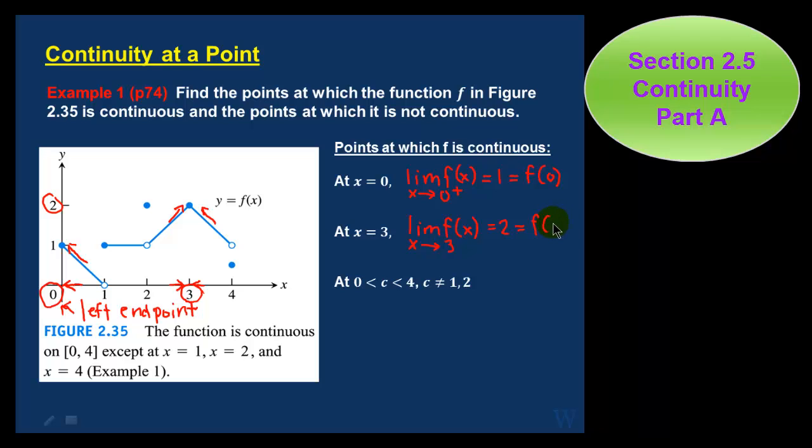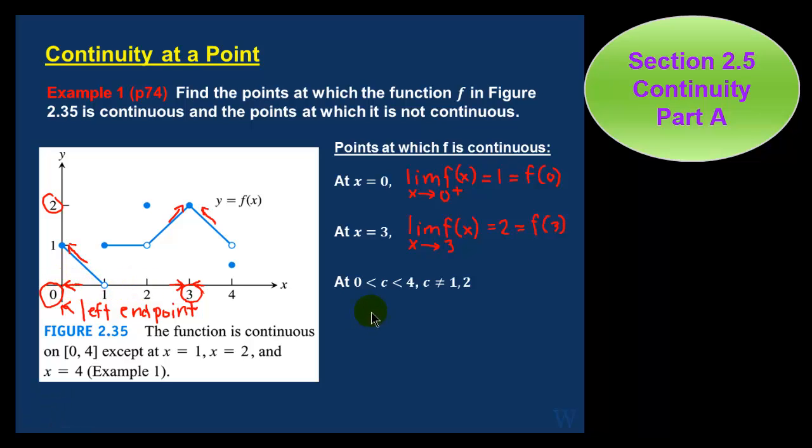Well, we are lucky that it's also 2. And of course, the same goes for any interior point between 0 and 4. An interior point could be here, here, 3, somewhere between 2 and 4, between 1 and 2, between 0 and 1.